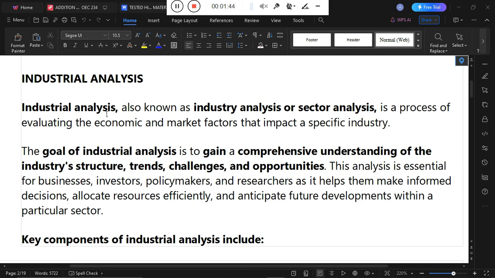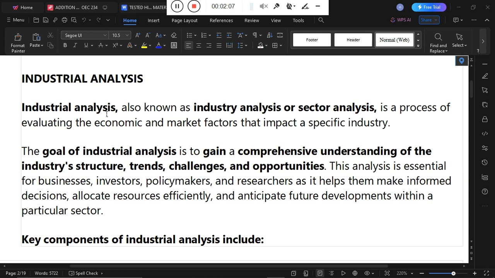There are different challenges that encompass the industrial system. So the industrial structures, but also the trends and the challenges, are all the issues that are analyzed as part of the goal of industrial analysis.